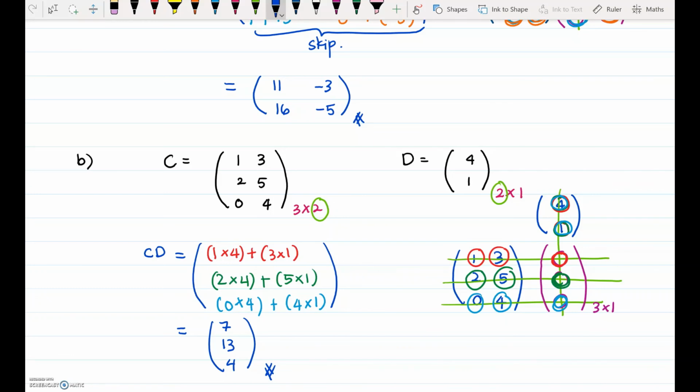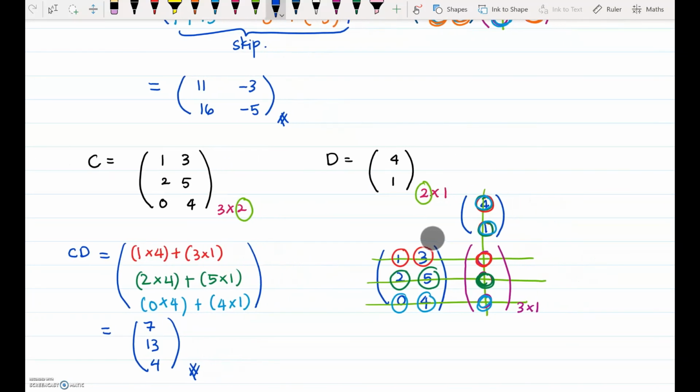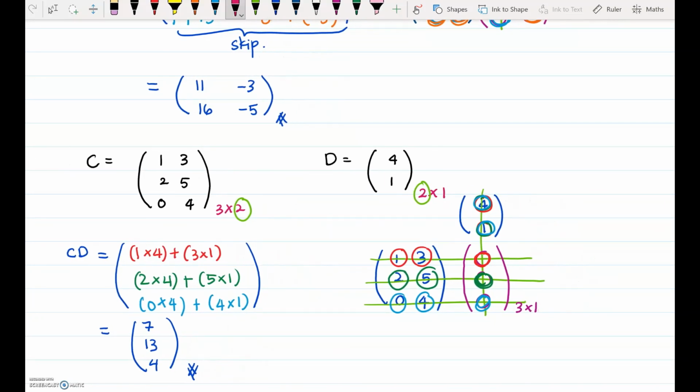Okay, what happens if you want to find D times C? Is it possible? The size of D is 2 by 1, and then you want to multiply with C, whose size is 3 by 2.